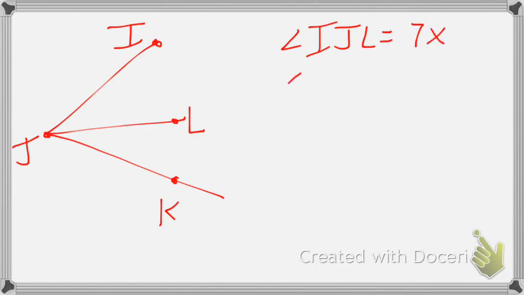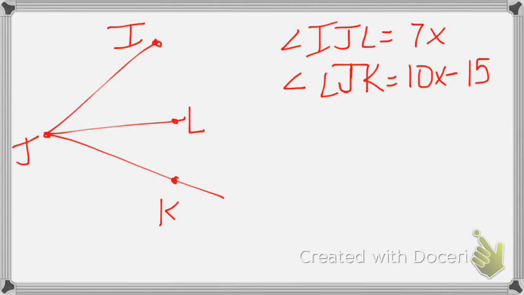We can draw this one too. Okay, so it tells me that IJL is 7x.